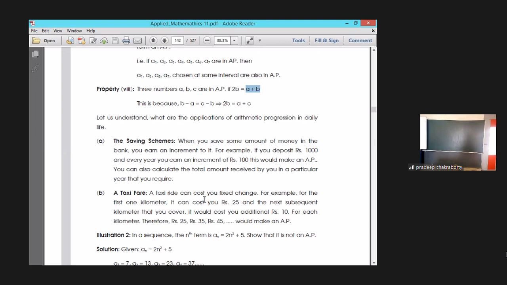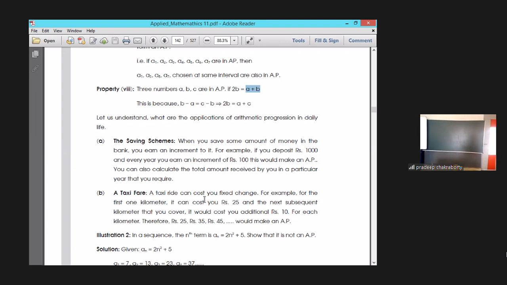Okay, next example here is given: a taxi fare. See on the screen, a taxi ride can cost a fixed charge. For example, for the first 1 kilometer it can cost ₹25, and for each subsequent kilometer that you cover, it would cost an additional ₹10.